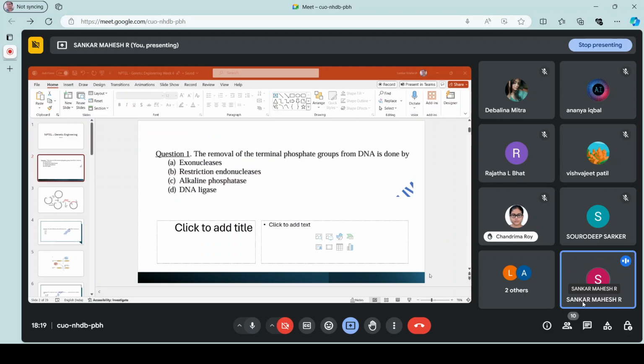Yeah, Chandrima. Option D, DNA ligase. What does it do? Actually it makes the phosphodiester bond between the DNA. Between what and what? It joins both DNA strands.